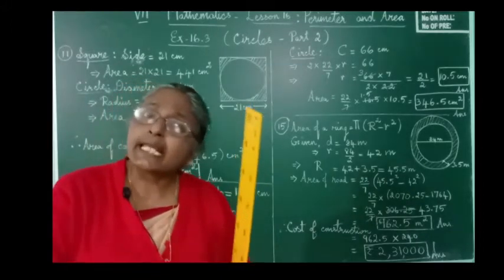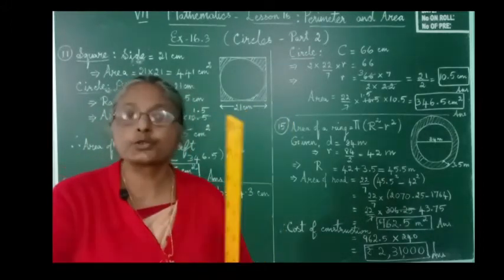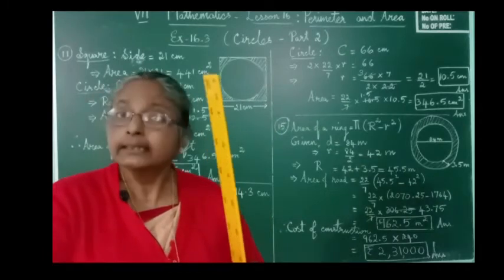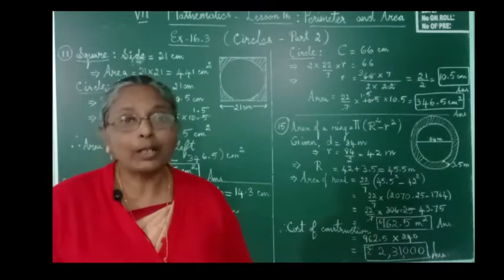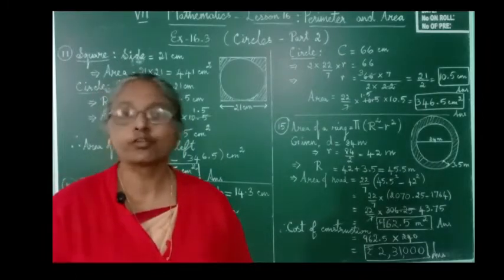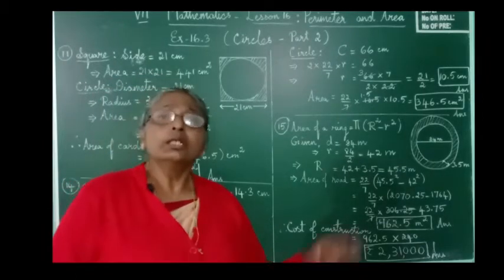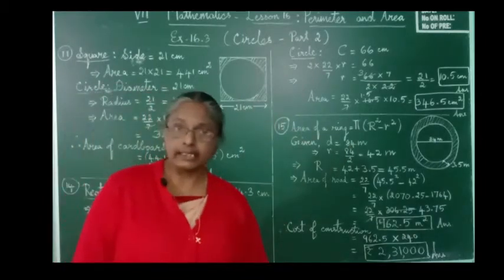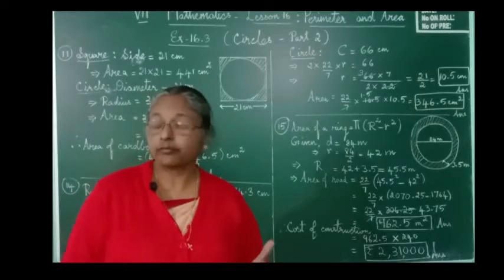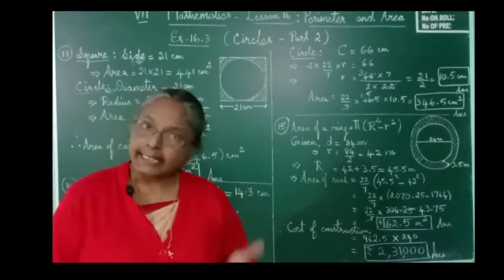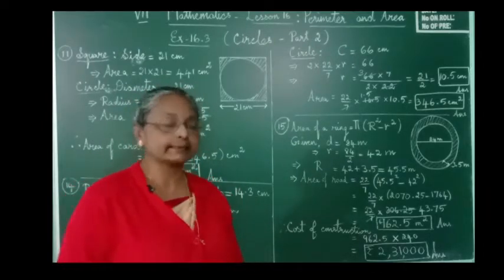Then, this same wire only is bent to form a circle. So, this perimeter will be equal to the perimeter of the circle so formed. So, we can take the perimeter of the circle again, and from that we can deduce and find out what is the radius and what is the area of the circle.